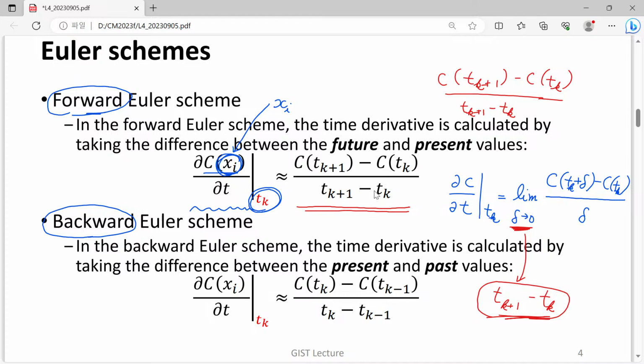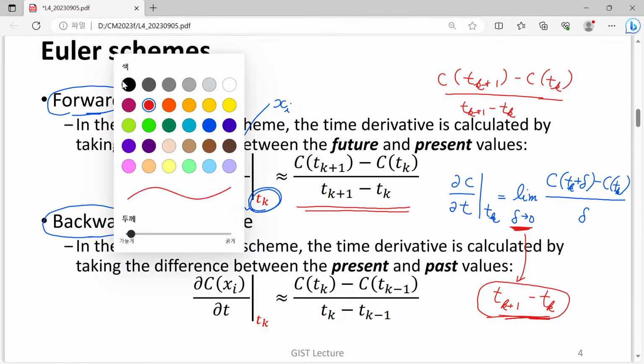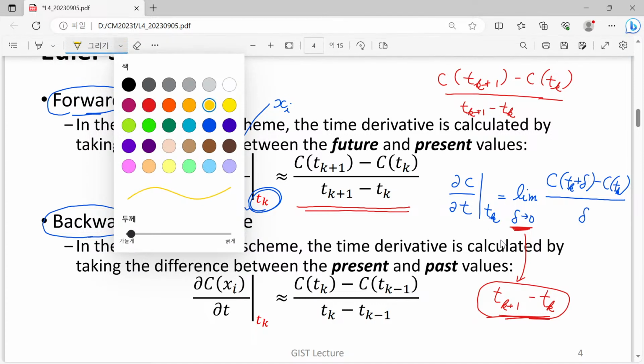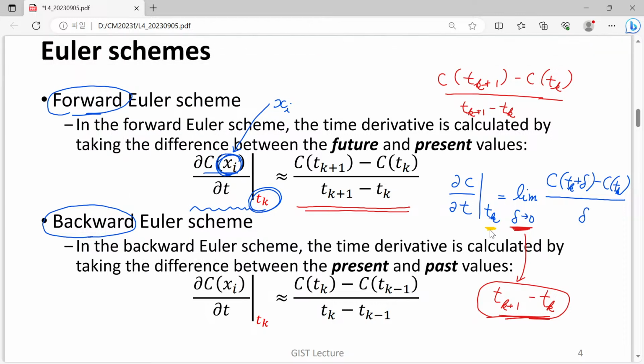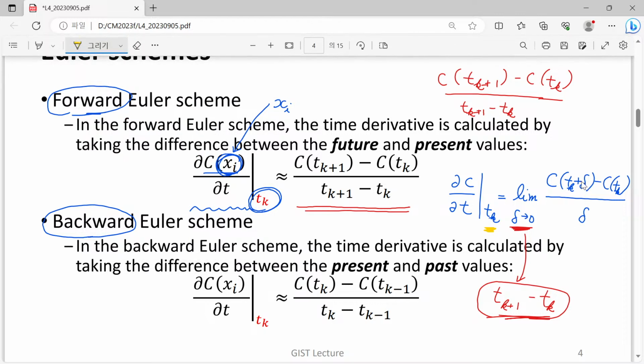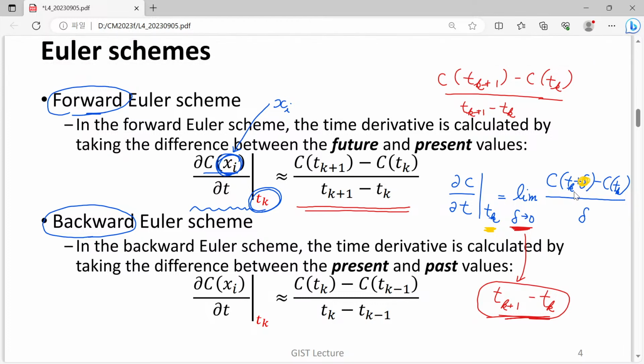But please note that we can also try a different form like this. When we calculate the time derivative at the same time, we can also think about this form: C at t sub k minus C at t sub k minus delta.